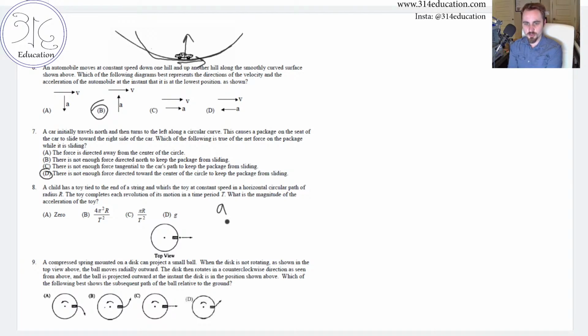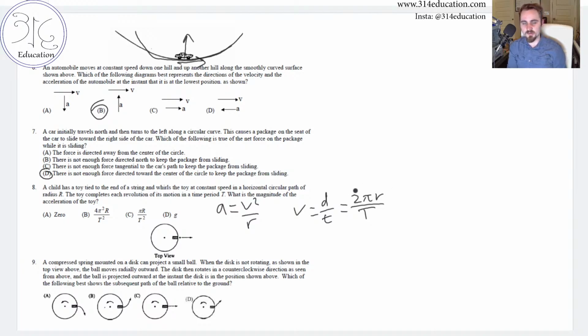Well, it's a circular path, so the acceleration is v squared over r. But we also know our velocity. Velocity is distance over time, or displacement over time if we want to be picky about it, but the magnitude is just distance over time. For a rotation we travel an entire circumference every period.